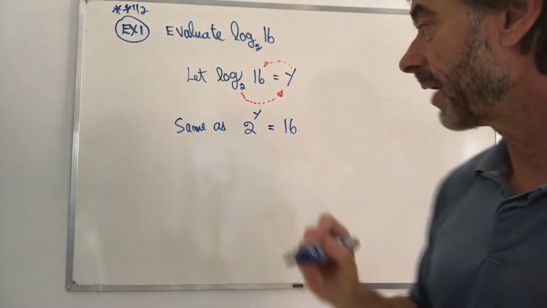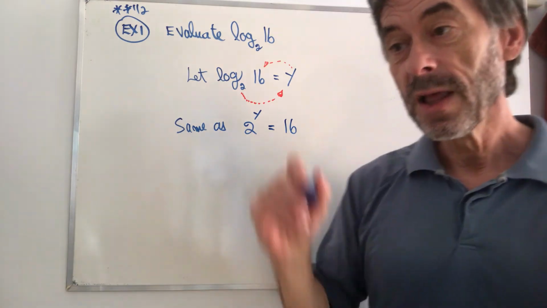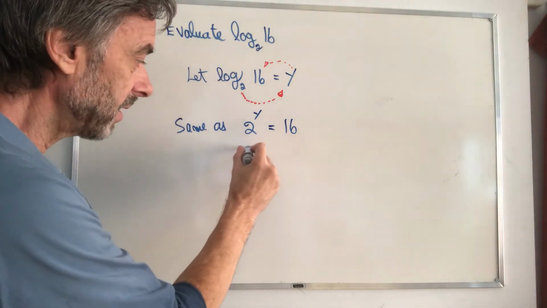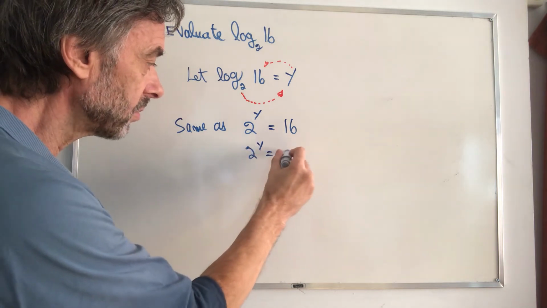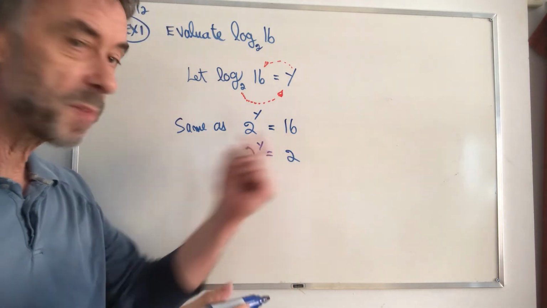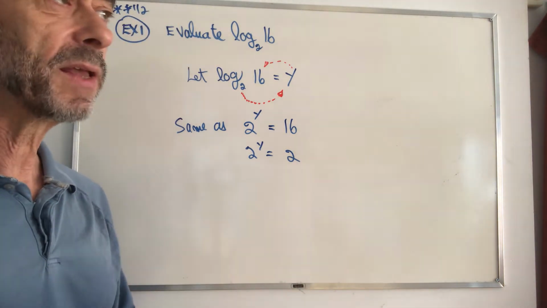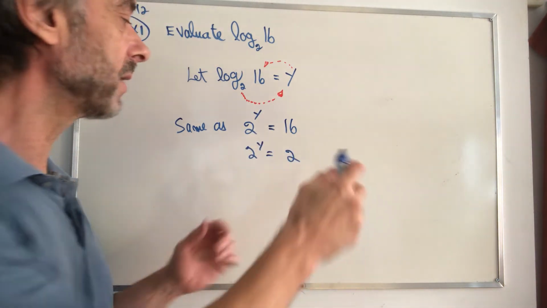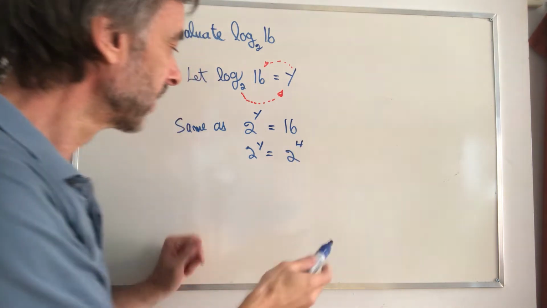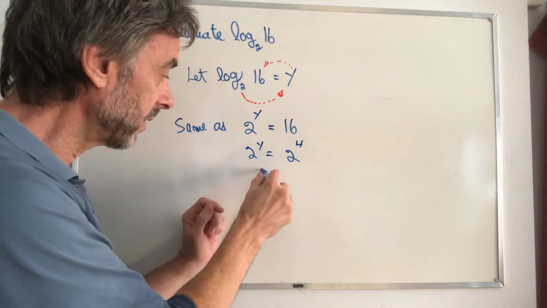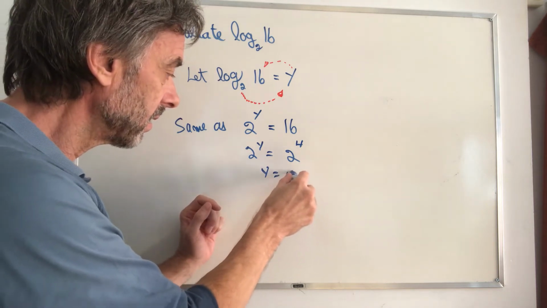Now, I think I know how to solve this. It's pretty easy, but it requires us to write 16 as a base of 2. So 2 to the what power is 16? 2 to the 2 is 4. 2 to the 3 is 8. 2 to the 4 is 16. Yes. So, again, we have the same base, so the exponents must be the same.